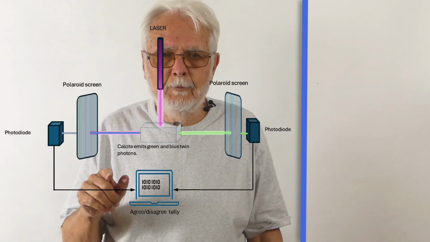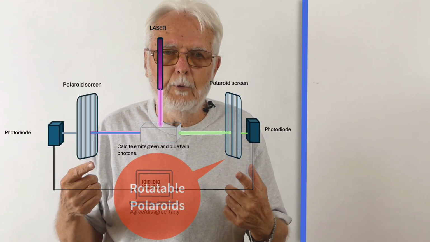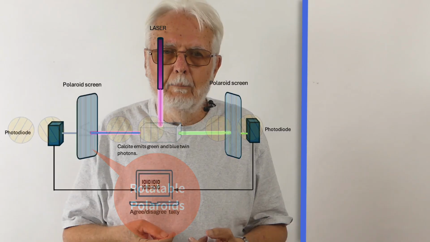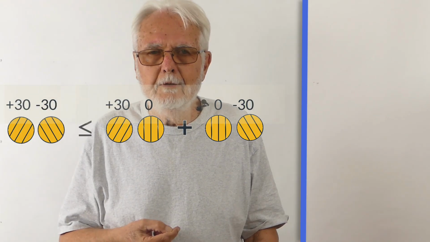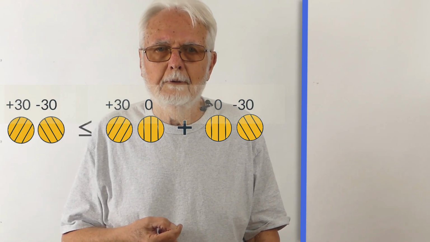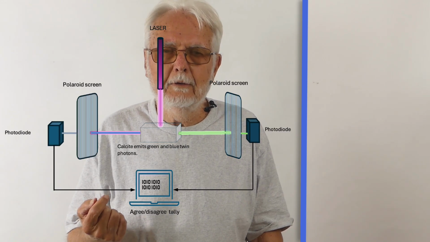Bell's theorem becomes, in terms of photons and Polaroids, positive 30, negative 30 is always less than positive 30, 0, plus 0, negative 30. This never happens. Bell's theorem is always defied.